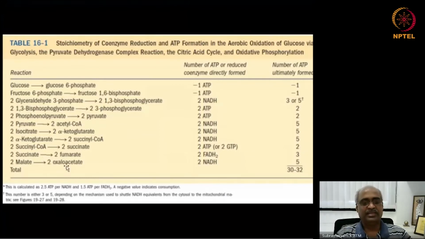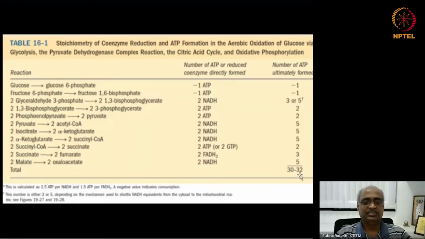Then malate dehydrogenase, again 2 NADH. Converting all these electron carrier loaded electrons in terms of ATP equivalent, the total comes somewhere between 30 to 32.